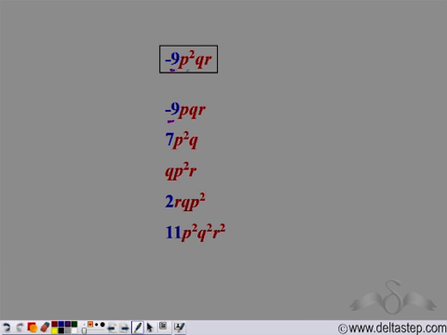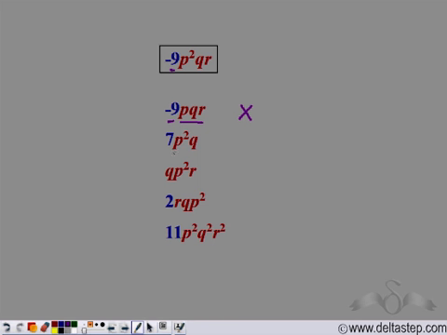It has p²qr. It has pqr. So here we have p², here we have p. So the algebraic part of these two terms are different. So it is not a like term of this term. Although the variables are the same, p is multiplied twice here.